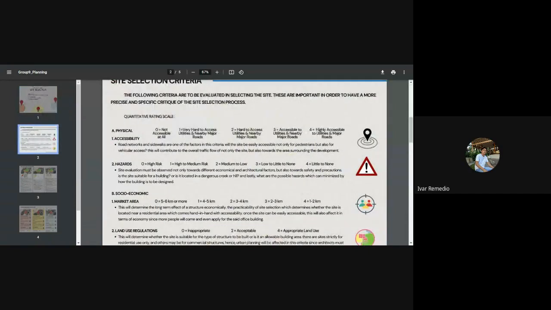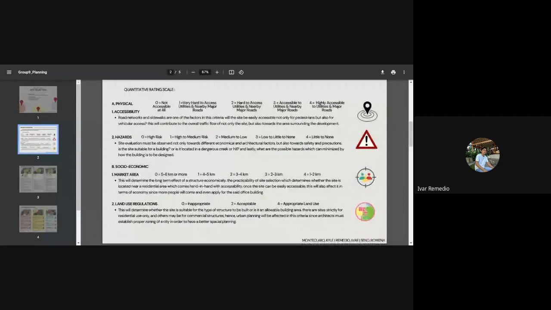Next we have the site selection criteria. These are the criteria we consider in selecting the best site. We have this quantitative rating scale, which rates the site from 0 to 4 based on these criteria.